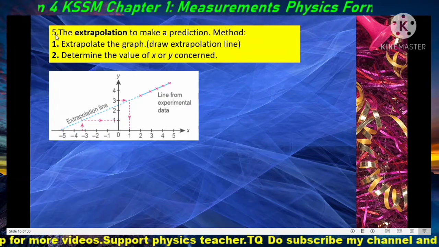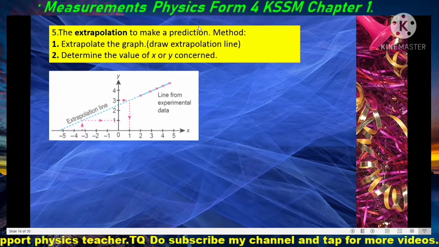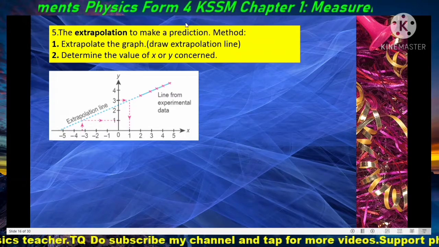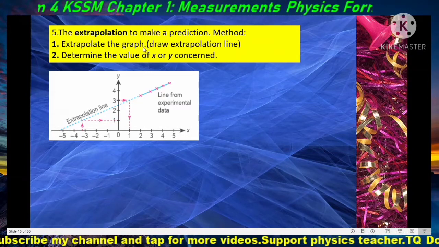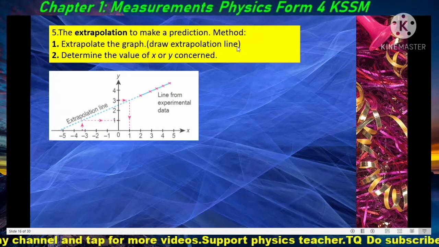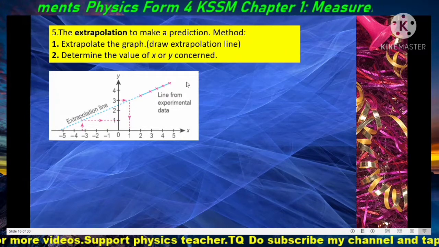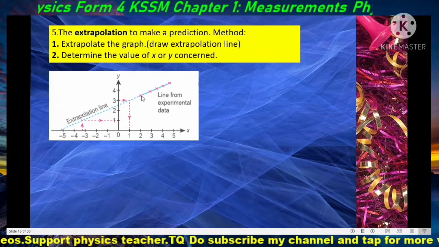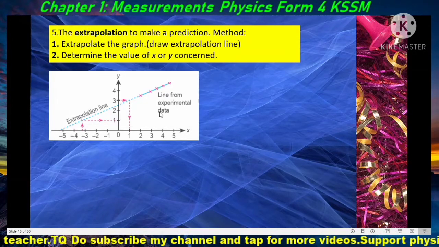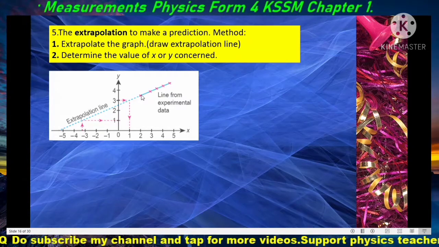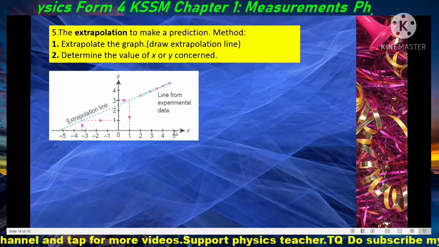Okay, number 5, extrapolation to make a prediction. Method: extrapolate the graph, meaning draw an extrapolation line, determine the value of x or y concerned. For example here, the line from experimental data, meaning from the experiment you just get the data starting from 2 to 5 only.